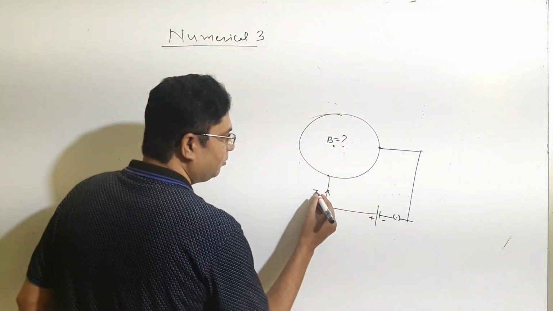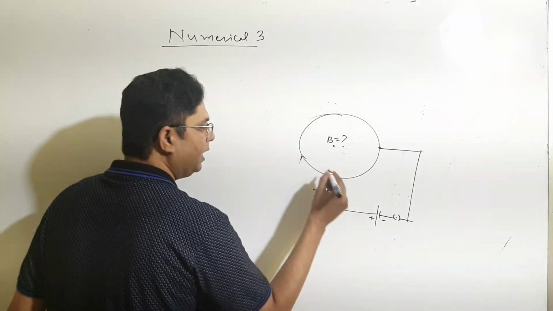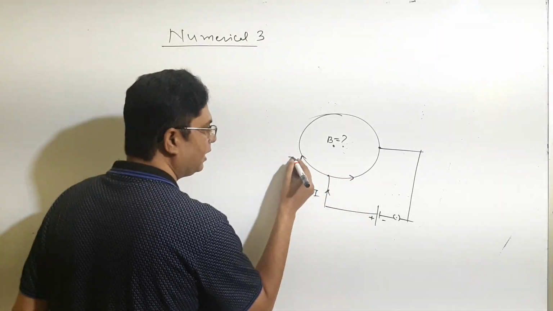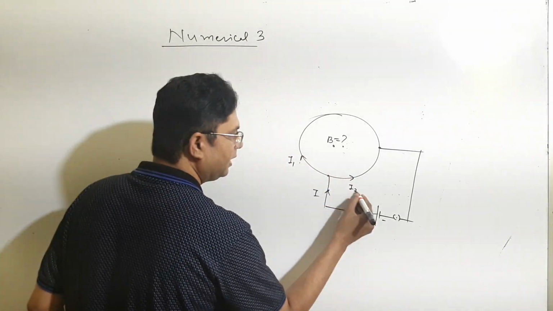Let current I come from this side. It is divided into 2 parts here. This is current I1, and this is current I2.